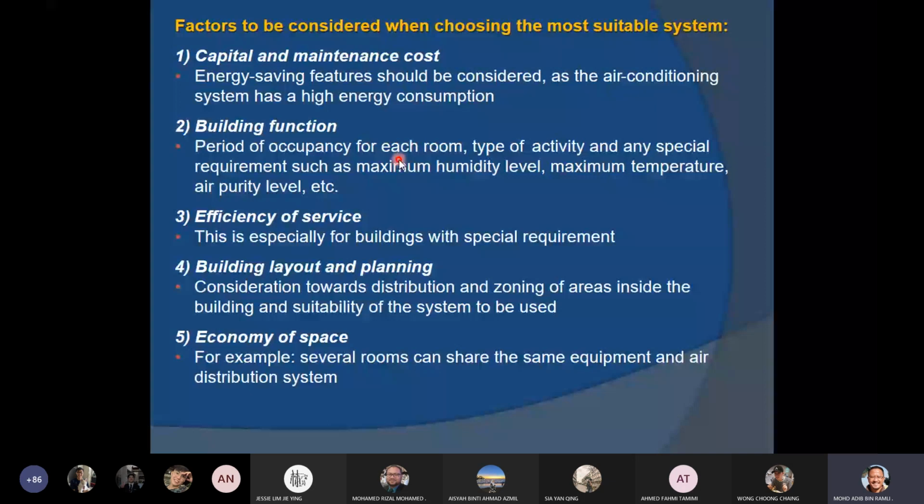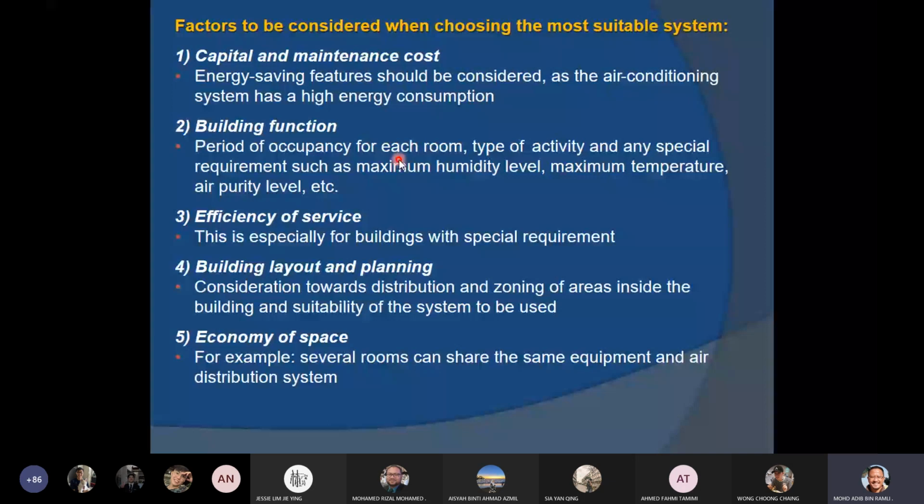But some clients don't have that much capital, so in the end they might settle for a cheaper option. But sometimes even if it costs cheaper, in the long run it will cost more for the maintenance, right?